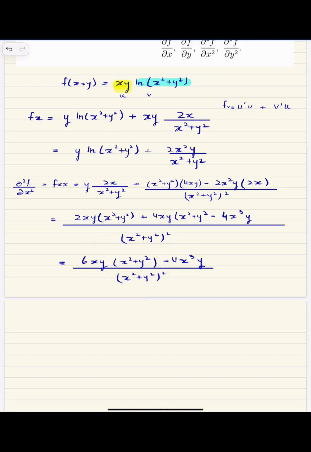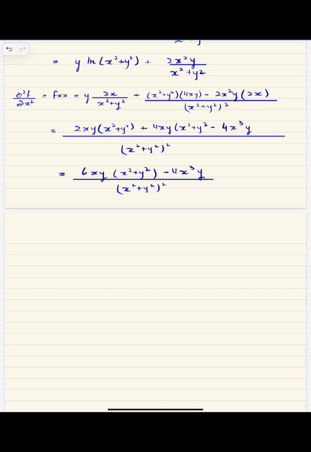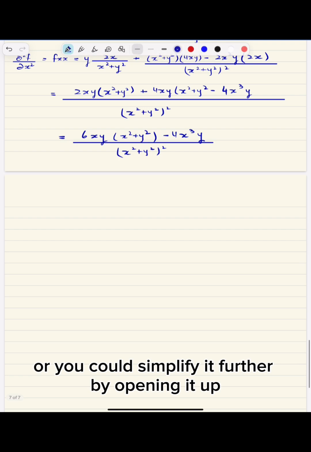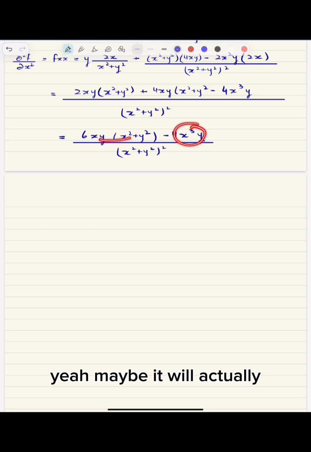I think we can just keep it over here then. It seems okay to leave it here, or you could simplify it further by opening it up, but will that do any good? Yeah, maybe it will actually.